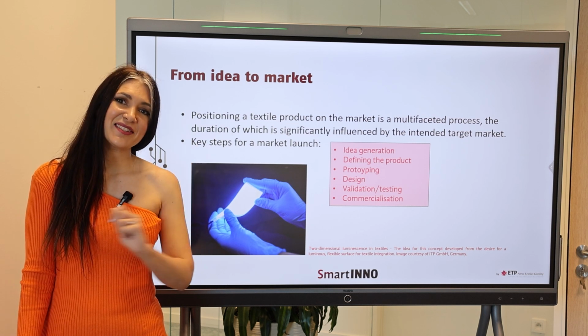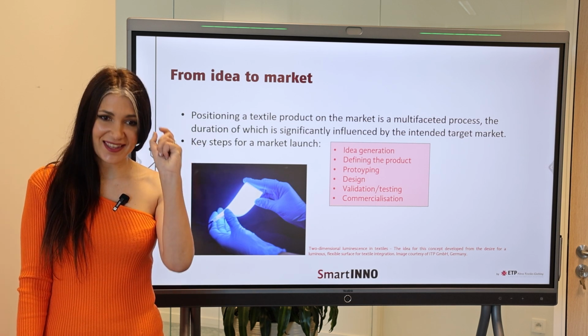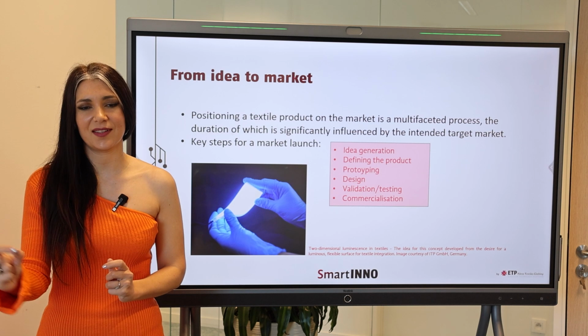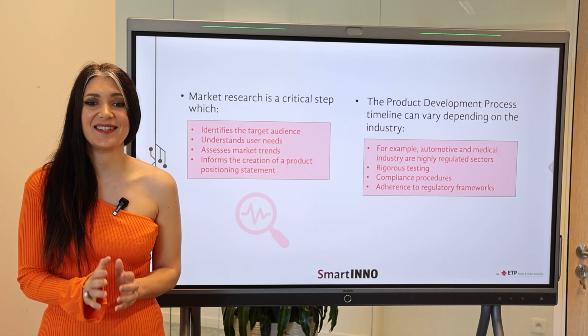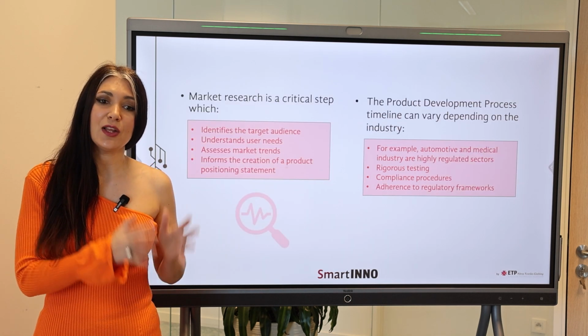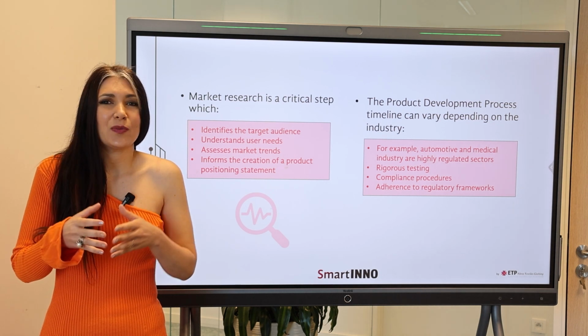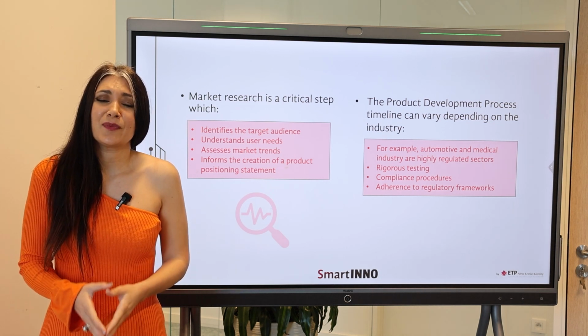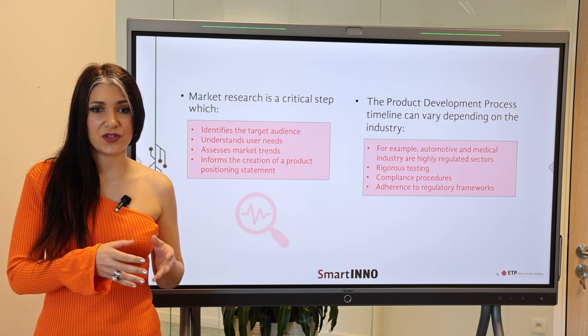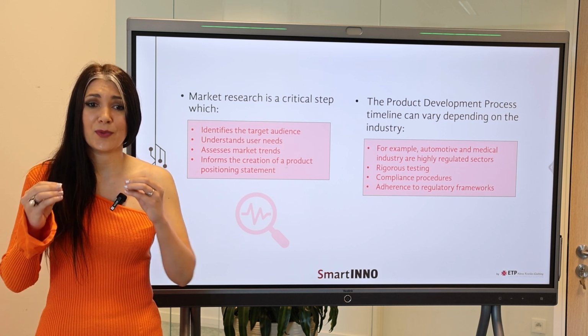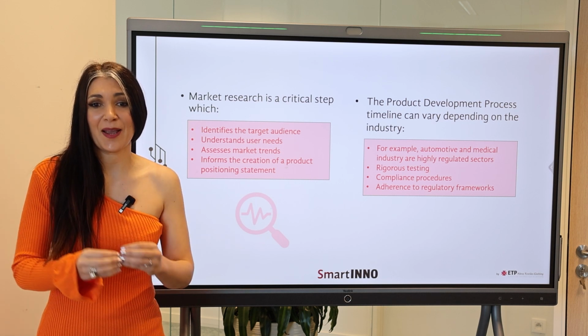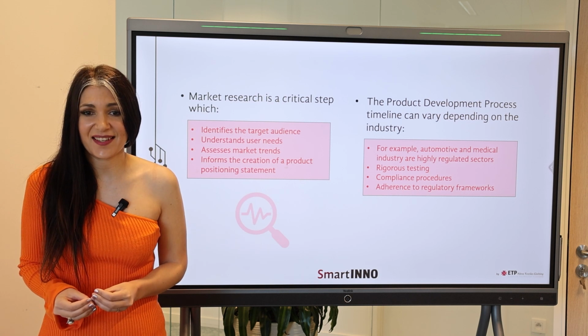Now, let's start with the key point: from ideation to the market. Taking a smart textile product from an idea to the market is a complex journey. Typically, the process includes idea generation, defining the prototype, prototyping, designing, validation, and testing.